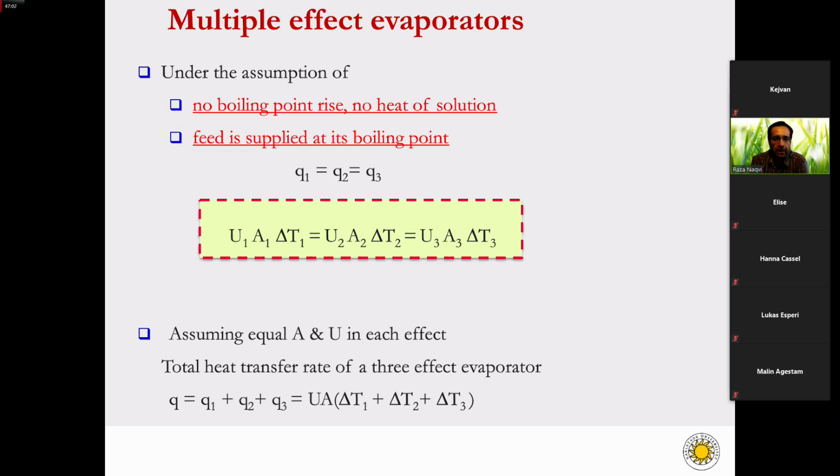And the feed is supplied at boiling point. So if all these assumptions are met, it means the heat transfer rate in the first evaporator will be equal to the heat transfer rate in the second evaporator and in the third evaporator. And you can write your equations in terms of UA delta T for the first effect, for the second effect, and for the third effect, right?